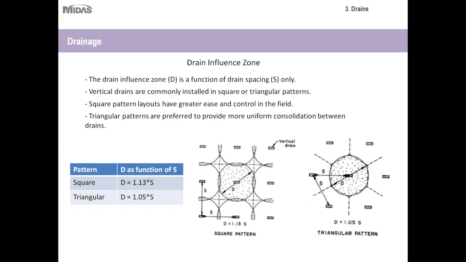So you could either do a hand calculation, or you can do what's called a numerical modeling analysis, which I'll show you next, where you can compare and contrast them via the program. Those are two good ways to learn how to do your drain influence zones.